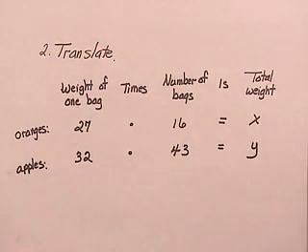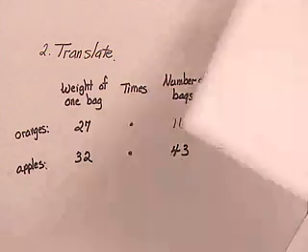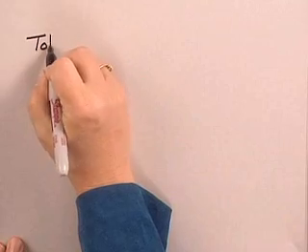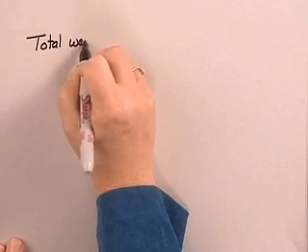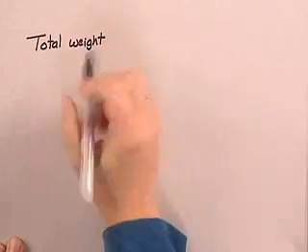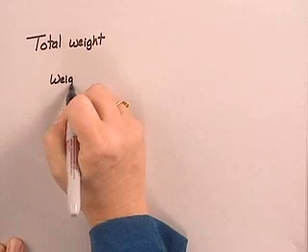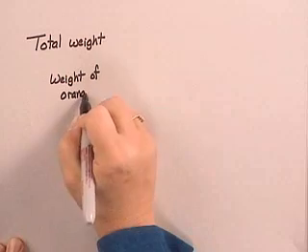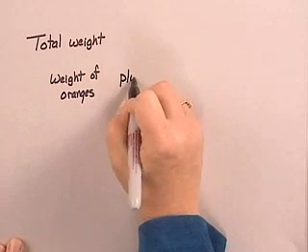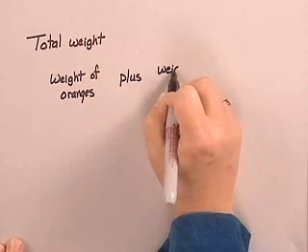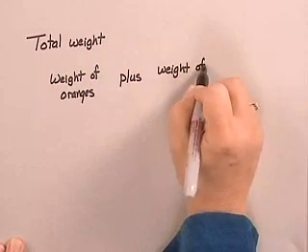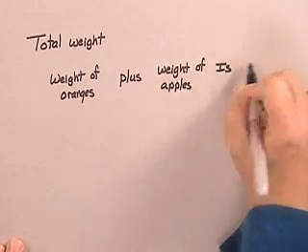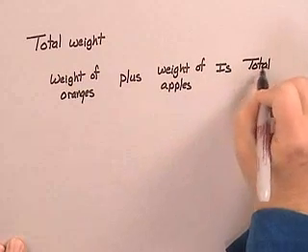Now we have one more thing to translate, and that is the total weight. The total weight is going to be the weight of the oranges plus the weight of the apples, and that is the total weight.